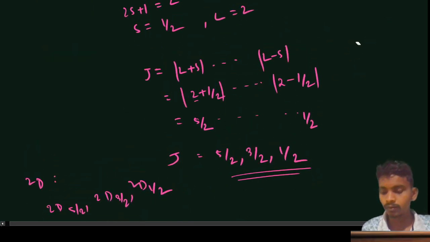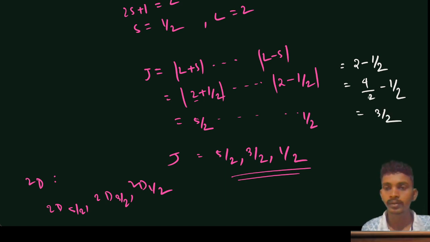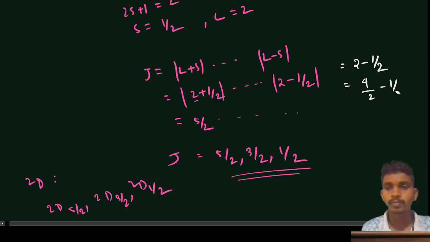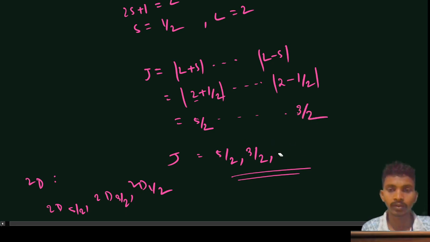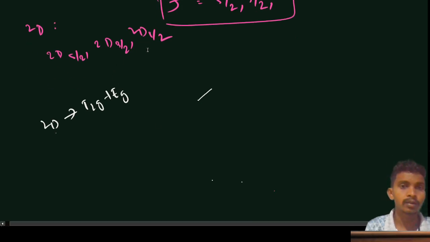Okay, 4 upon 2 minus 1 upon 2, that is going to be 3 upon 2. Oh sorry, this value is 3 upon 2. So 1 upon 2 is not there, the j value is 3 upon 2.